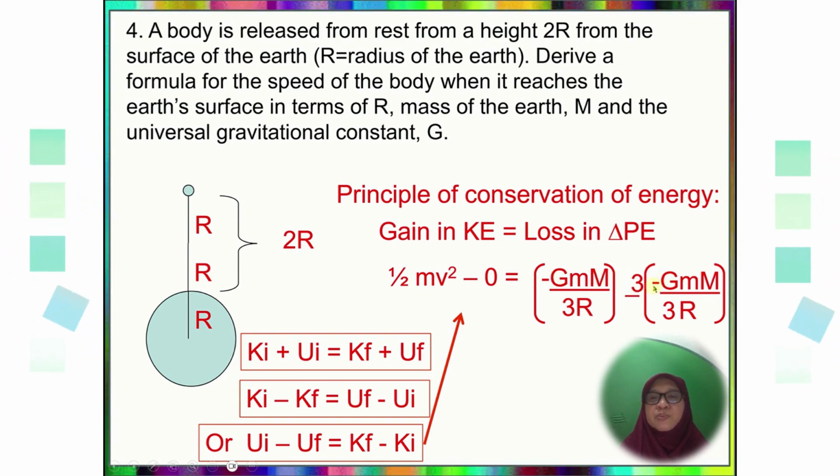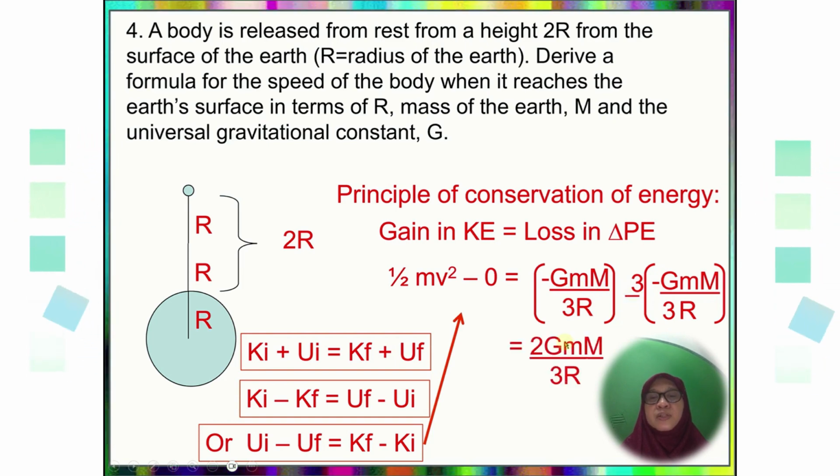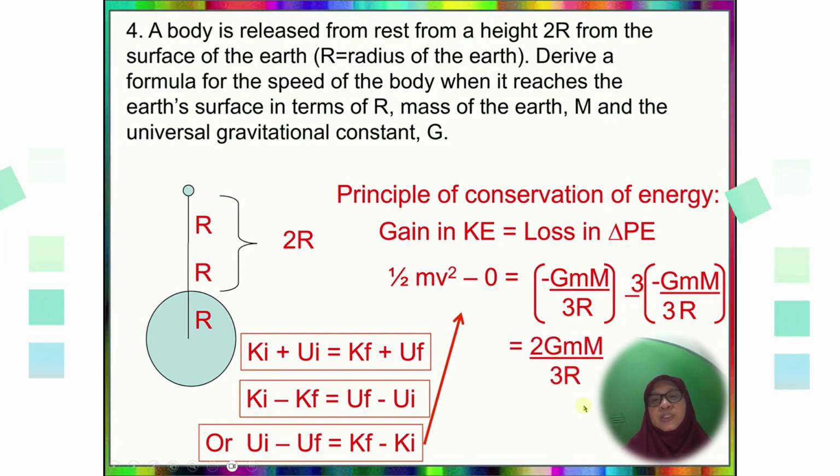Negative minus negative becomes plus. Negative 1 plus 3 is positive 2, so we get 2GMm over 3R.